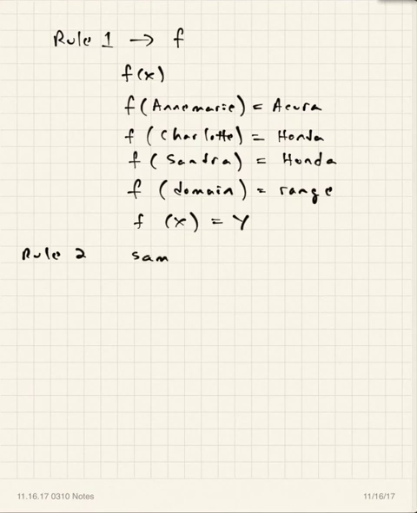So rule 2 is the same domain and range, first of all. So we keep everybody in the room, everybody in our class, as the domain, and the range is going to be the set of makes of car. So rule 2 goes like this.